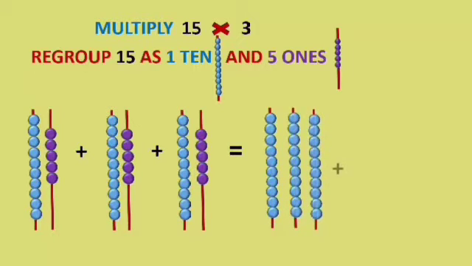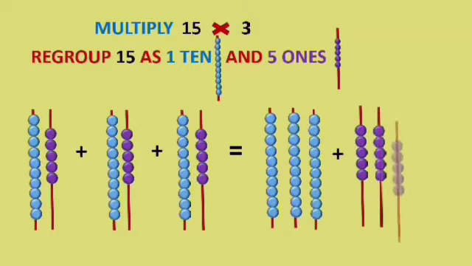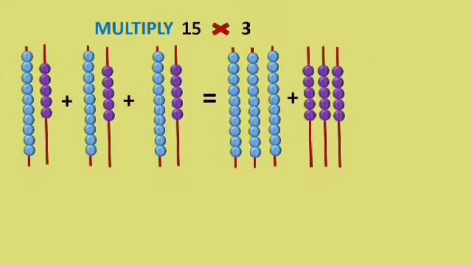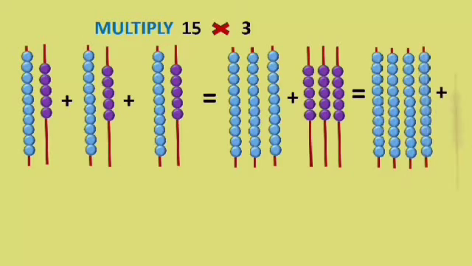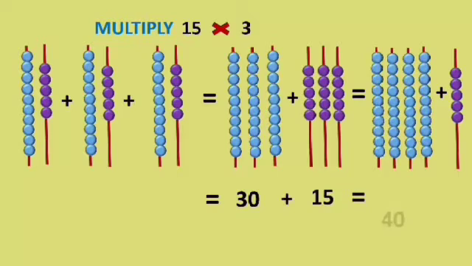To multiply 15 by 3, we are adding 15 three times and we get in ones place 15 ones. That is 4 tens plus 5 ones. So 30 plus 15 is equal to 40 plus 5. 15 threes are 45.